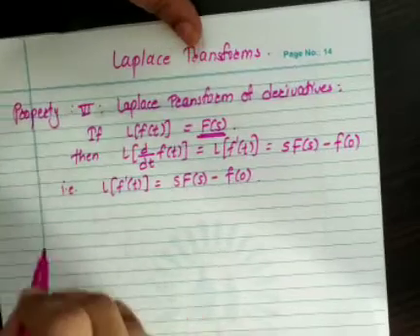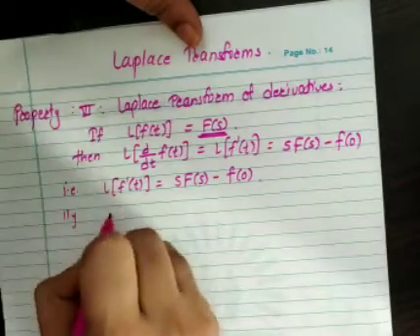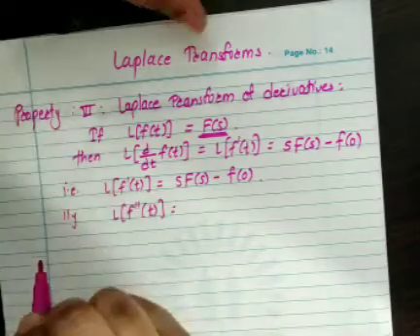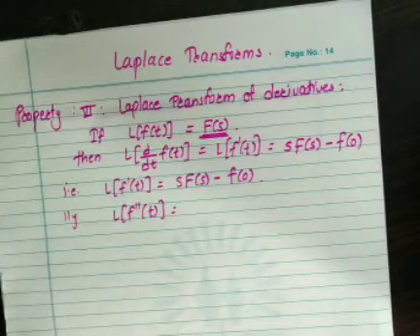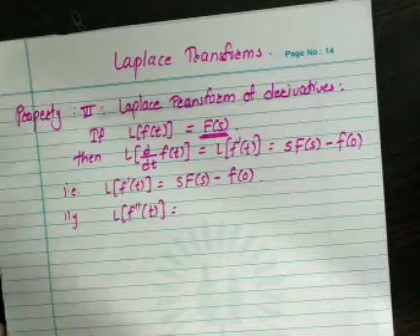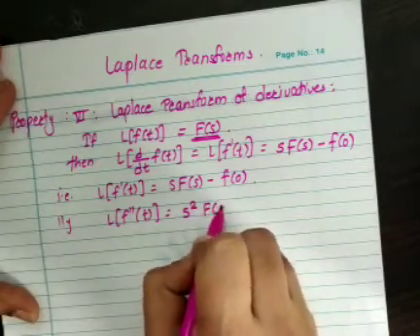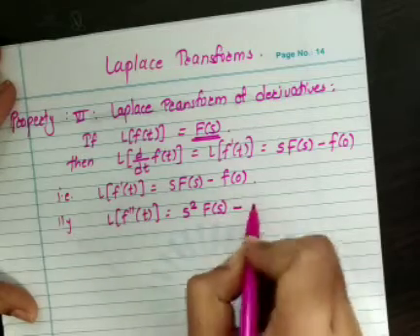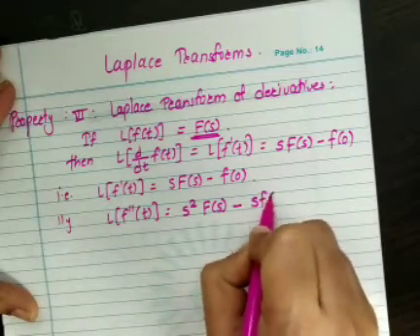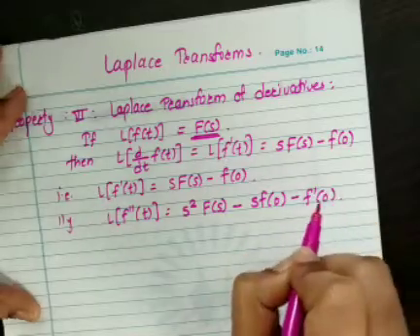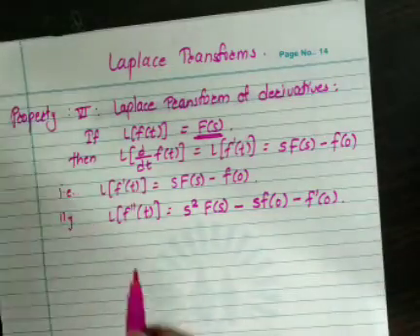Similarly, Laplace transform of f double dash t will be s square F of s minus s f of 0 minus f dash of 0. Get an idea.